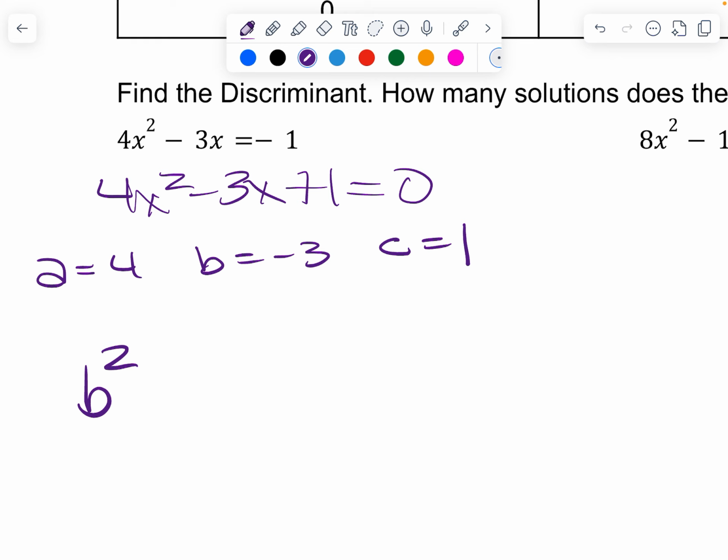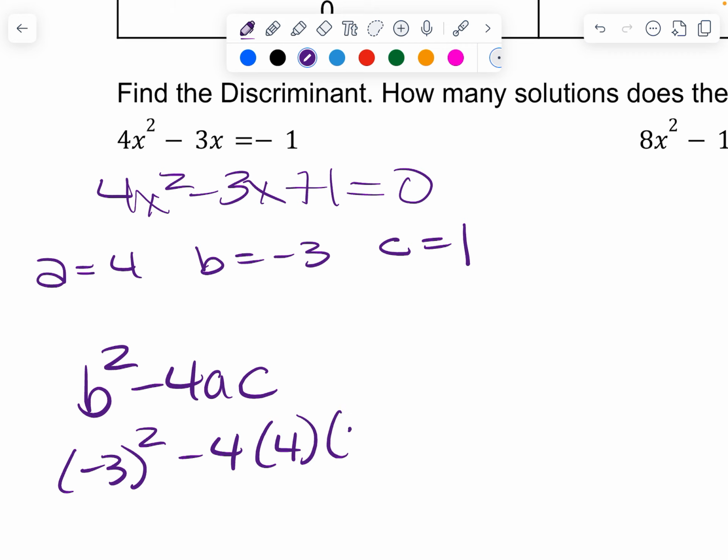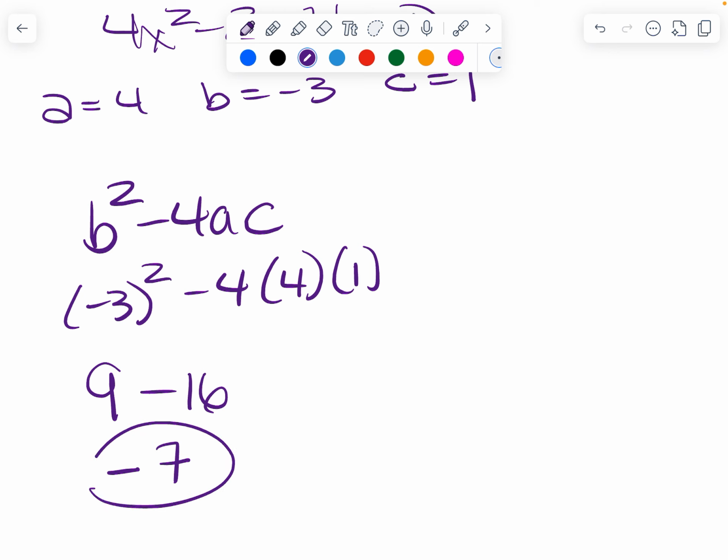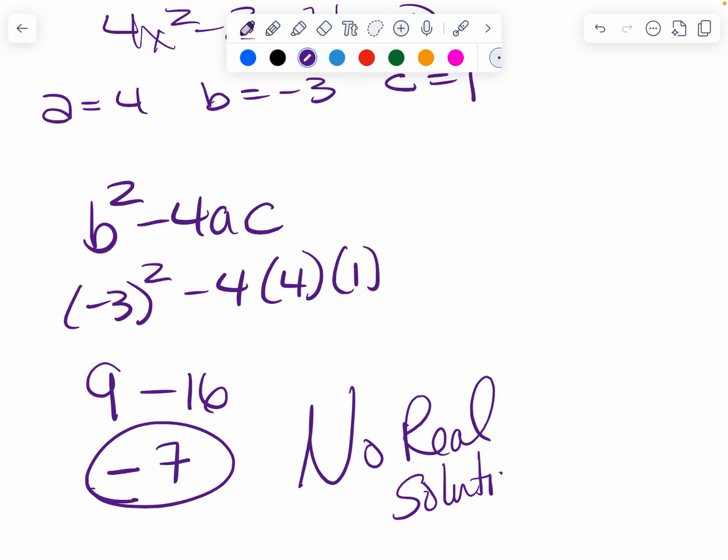So b squared minus 4ac: negative 3 squared minus 4 times 4 times 1. 9 minus 16 is going to get us a negative 7. So if this is negative, there's no real solution. Means it's not going to hit the x-axis.